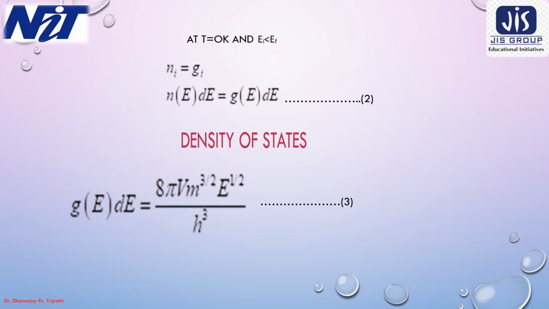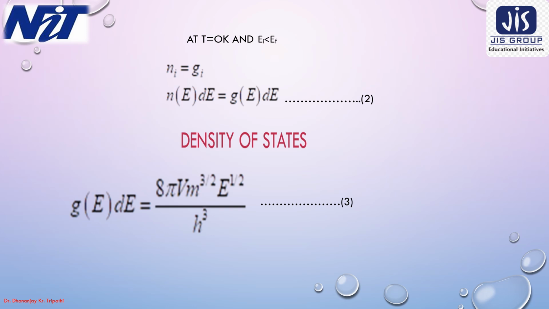Now here we will have to know a very important concept which is called density of states. Earlier this was in the syllabus and was to be discussed in detail. Not only that, the formula was also to be derived, but now this is not in the syllabus, so we will just use it. That is why we will just try to get the idea of this.